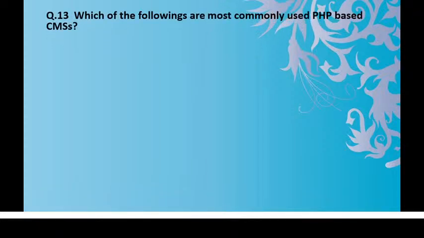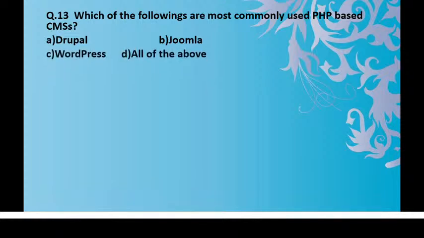And the next question is, which of the following are most commonly used PHP-based CMS? What is meant by CMS? You know the CMS, Content Management System. Drupal, Joomla, WordPress, all of the above.